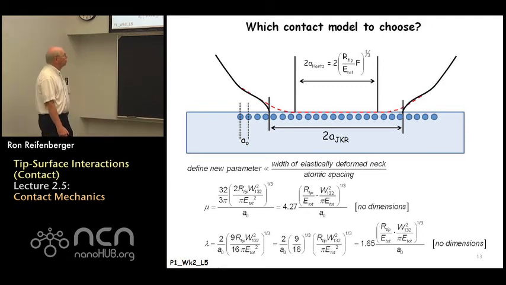So you can invent a parameter, which is basically the width of that elastically deformed neck divided by the atomic spacing. If you read the literature, you'll find that there are two parameters introduced. One is called mu and the other is called lambda. Neither of those parameters have any dimensions, but basically they're trying to measure the ratio of the width of the contact region to the atomic spacing.